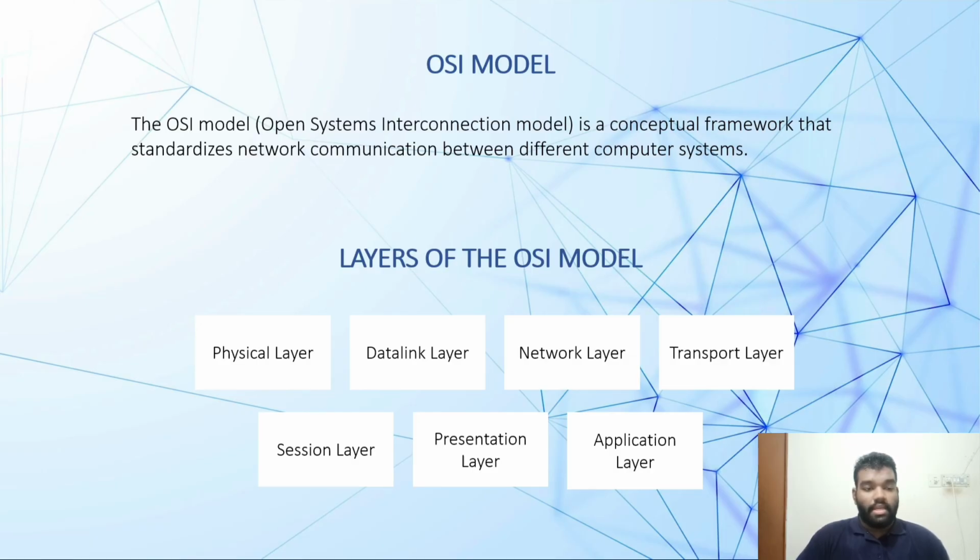These are physical layer, data link layer, network layer, transport layer, session layer, presentation layer, and application layer. It's a conceptual model that helps us understand how data moves step by step.